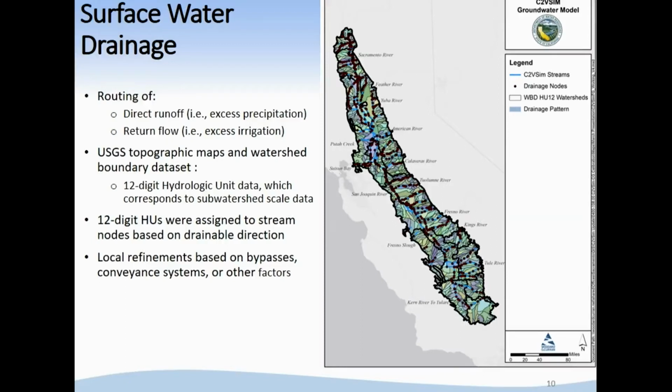The black dots here basically show the location of the flow, and in the background, the small areas show the watersheds that we represent in the model. All that water is routed to some specified stream node, and during this process, we had to do some local adjustments to make sure some of the bypasses, floodways, or conveyance systems are represented, and then we corrected some of the information with other factors as well.